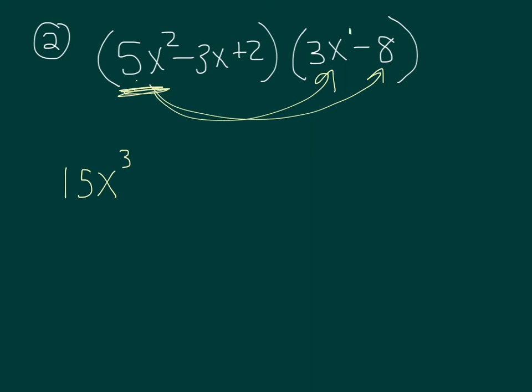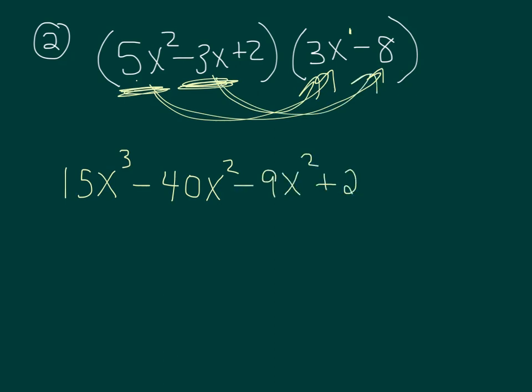Then we have 5x times negative 8, which is negative 40x squared. I'm on to my negative 3x. I'm going to get negative 9x squared plus 24x. And then finally distribute that 2, and I'm going to get plus 6x minus 16.